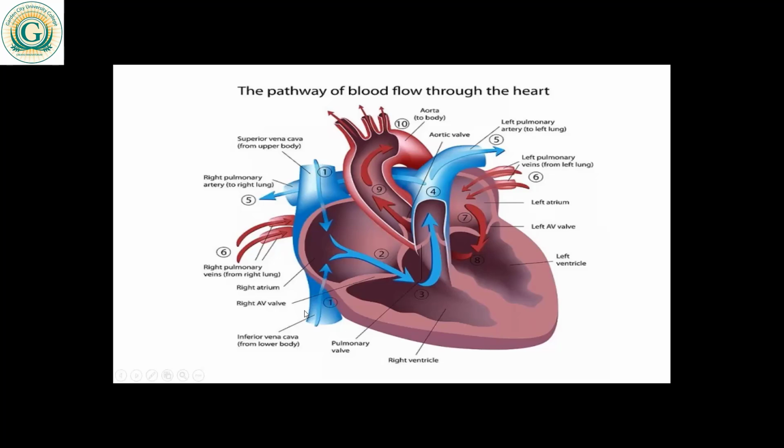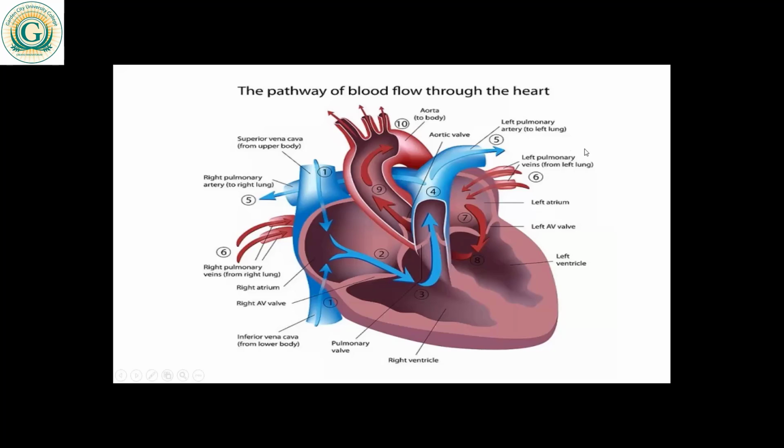So this blood enters the right atrium. Then it flows down into the right ventricle. Now this blood is pumped through the pulmonary artery to the lung. When it gets to the lung, there's exchange of oxygen and carbon dioxide. Oxygen diffuses into the blood, carbon dioxide leaves the blood into the alveoli.